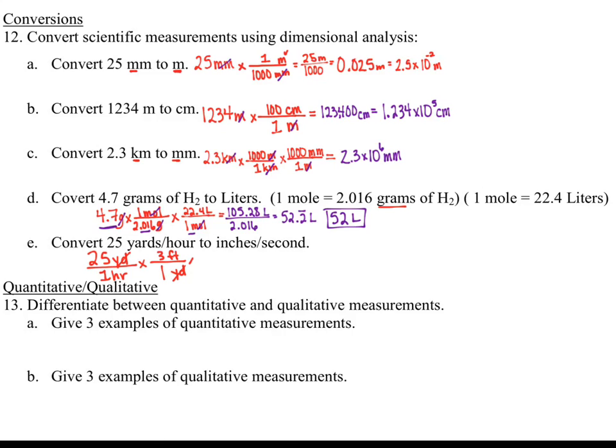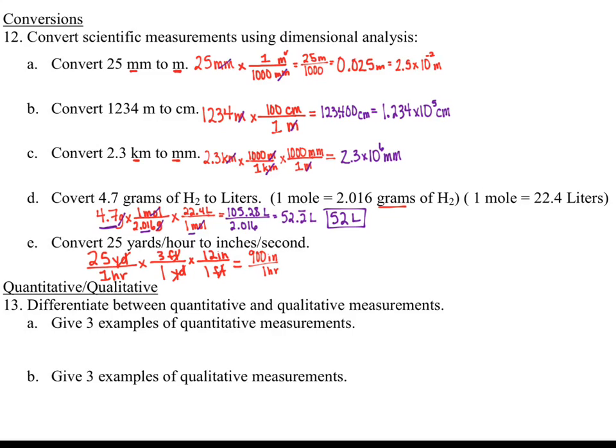Okay. We're not happy with feet because we want inches. We know that 1 foot is equal to 12 inches. Our feet cancel out. And now we multiply. 25 times 3 times 12 is 900 inches per hour.